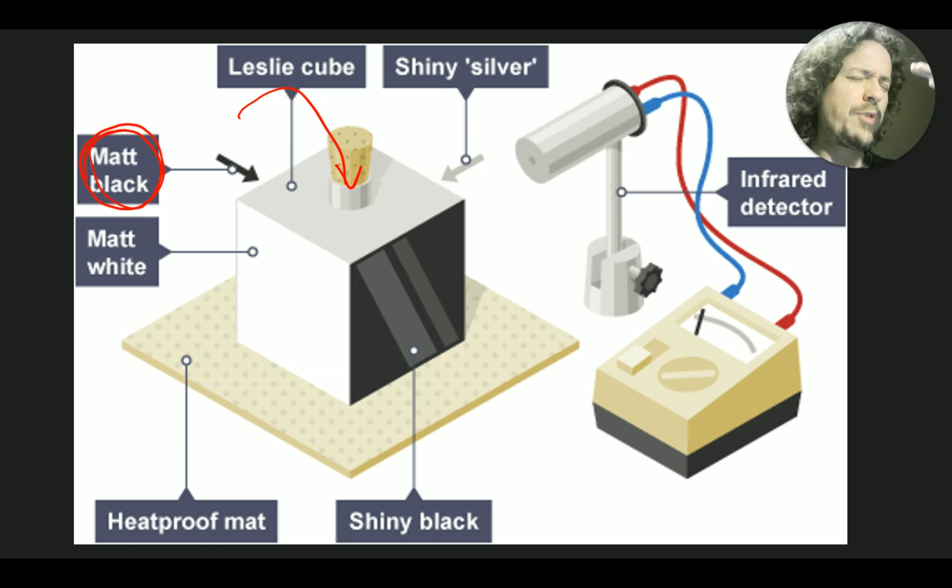So the amount of infrared radiation that's emitted is dependent on the color of the surface from which it is being emitted. Also, it is true that the amount of infrared radiation absorbed by a surface depends on its color as well. And it's also true that matte black surfaces are the best absorbers and the best emitters of infrared radiation.